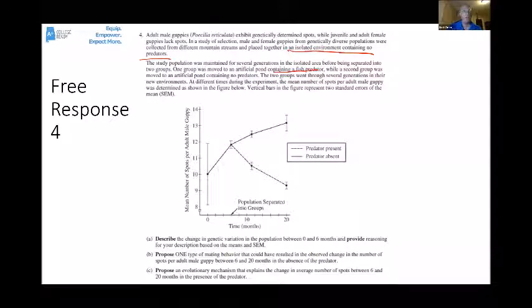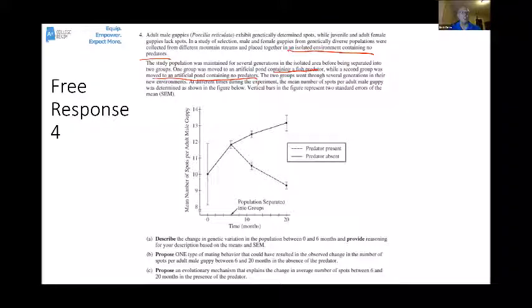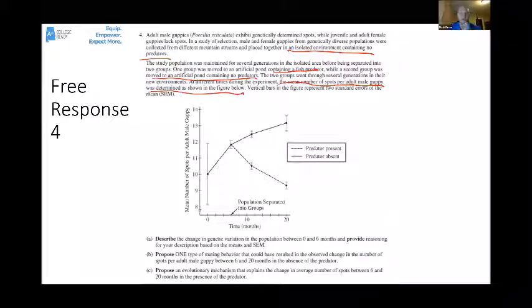One group was moved to a pond with no predators. The two groups went through several generations in the new environments. At different times during the experiment, the mean number of spots per adult male guppy was determined and shown in the figure below. Vertical bars in the figure represent two standard errors of the mean. So we've got error bars.